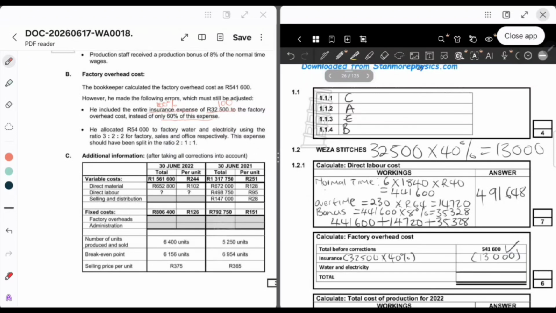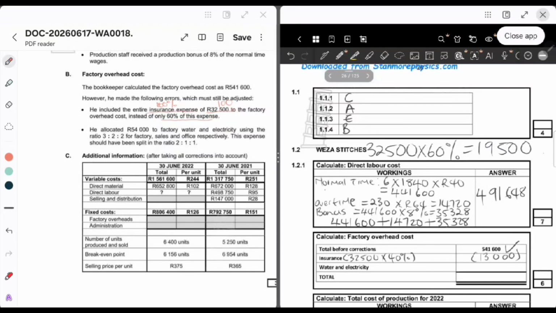Or alternatively, you can say out of the 32,500 rands, you calculate 60% of it, which gives us how much? 19,500.